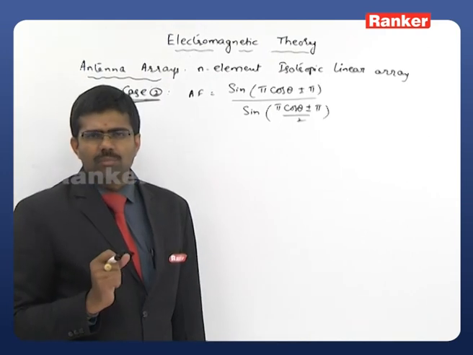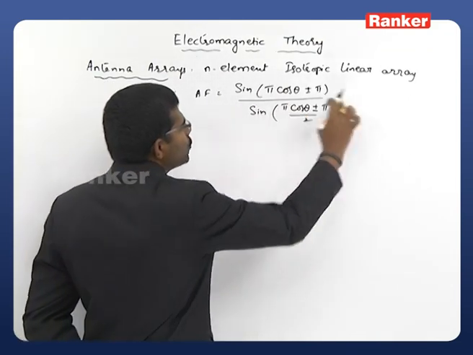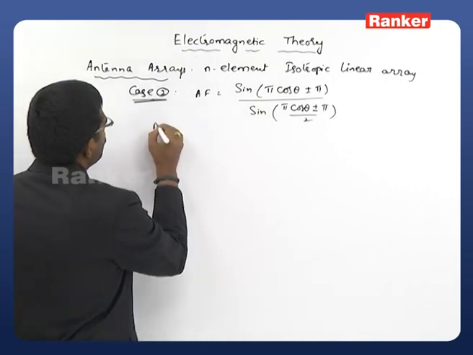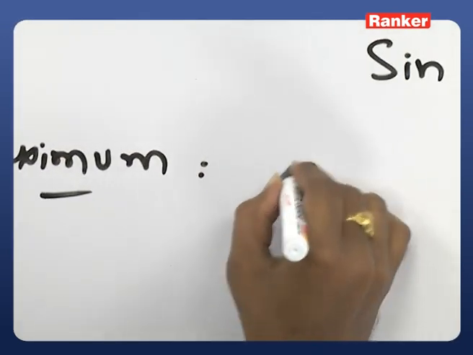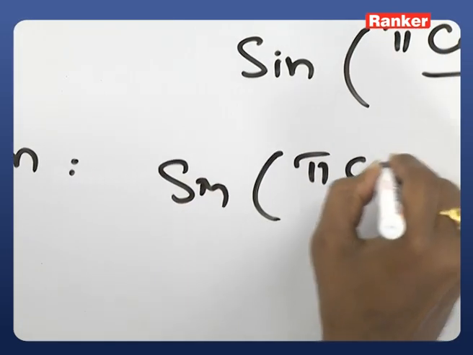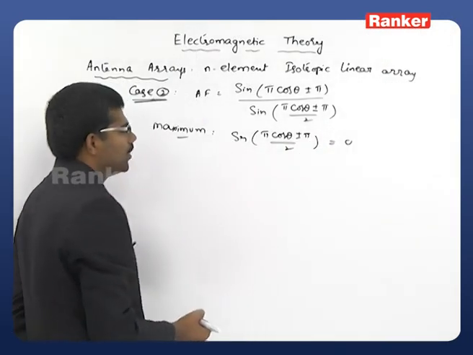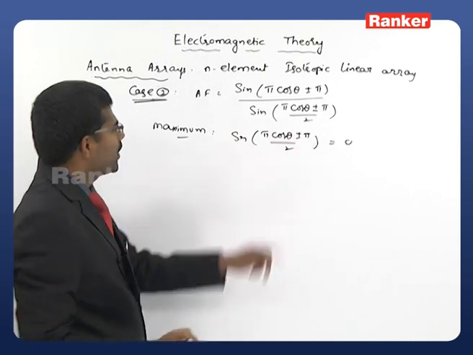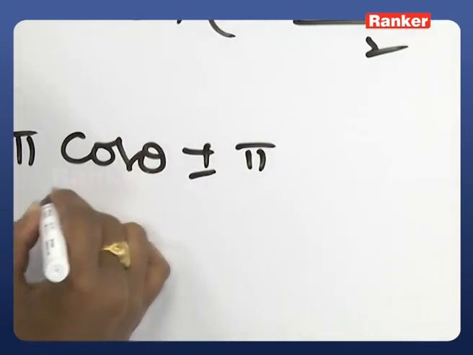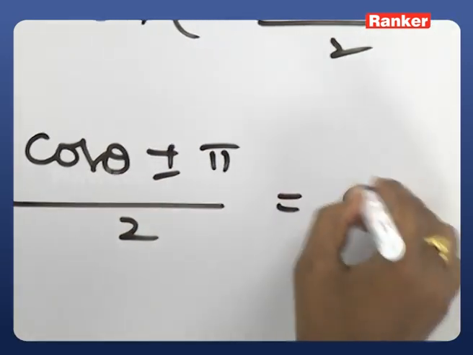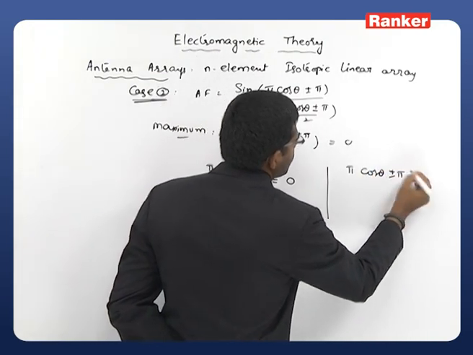Now I will get the maximum direction. The principle is the same: for the maximum, you just make our denominator 0. So for the maximum direction, take our denominator, sine of pi cos theta plus or minus pi divided by 2, and make it equal to 0. Obtain all the different values: pi cos theta plus or minus pi divided by 2 equals 0, or equals plus or minus pi.